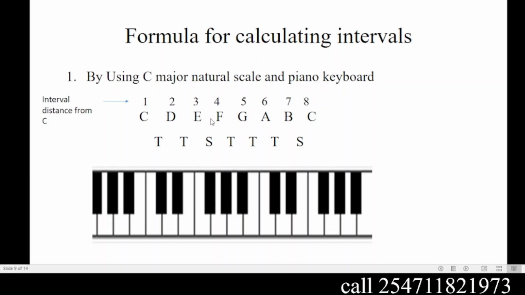A perfect fourth should have tone, tone, and semitone. A perfect fifth, for example from C to G, should have 3.5 tones. And a perfect octave should have all of these: tone, tone, semitone, tone, tone, tone, semitone. When you add them together, they become 12. So a perfect octave should have 12 semitones or 6 tones.